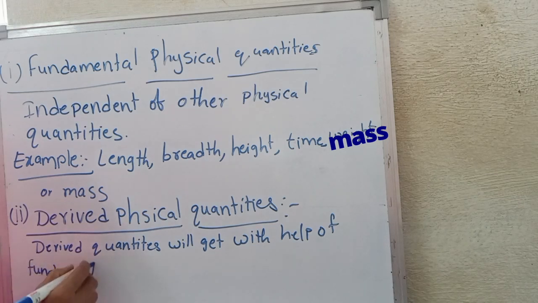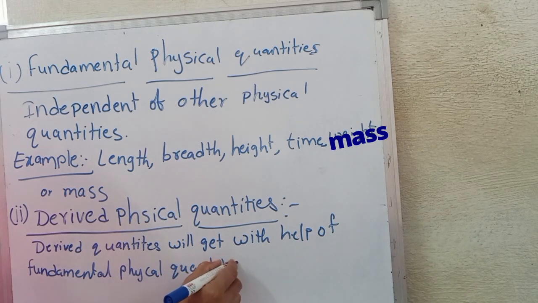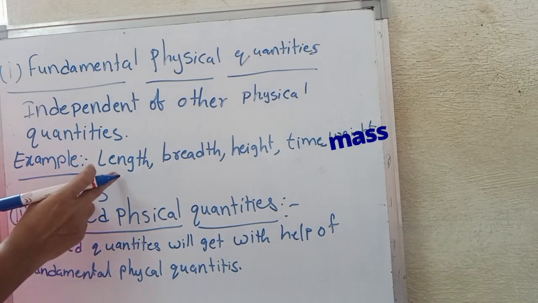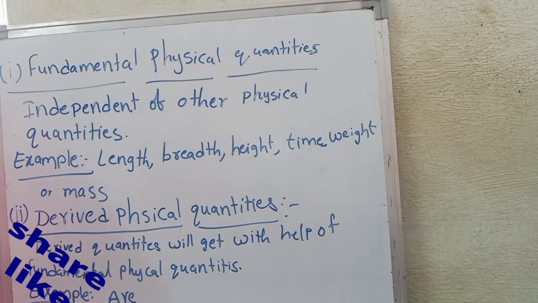So to find the derived quantities, we must take the help of these fundamental quantities. For example, area. Can we measure the area directly with any measuring tape or weighing?